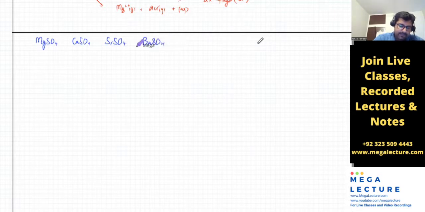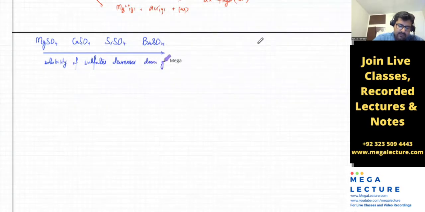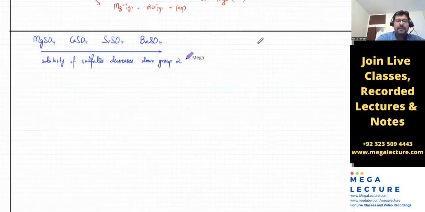Now these four, the solubility decreases down the group in group 2. So the solubility of sulfates decreases down the group in group 2.